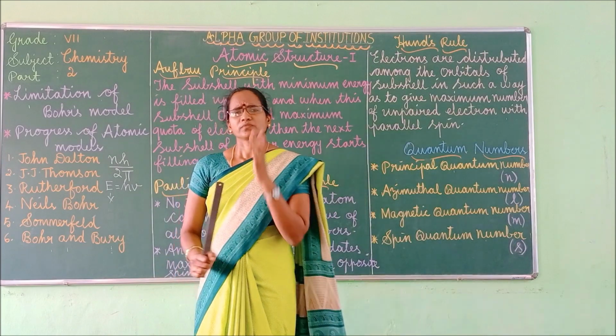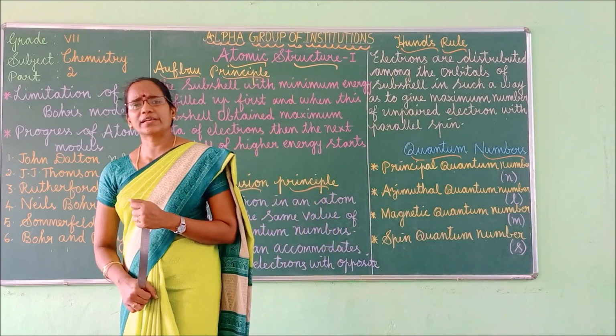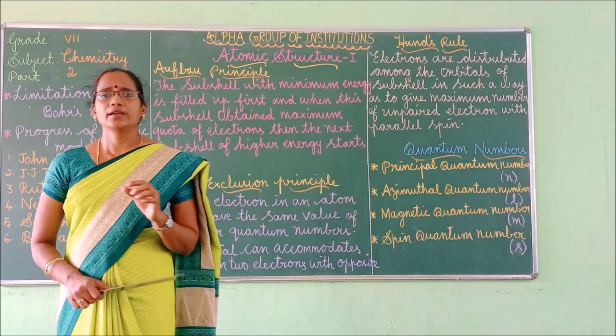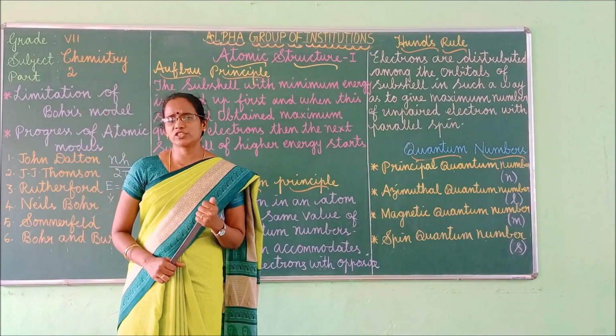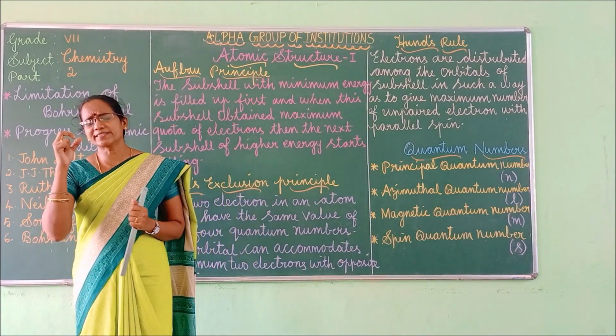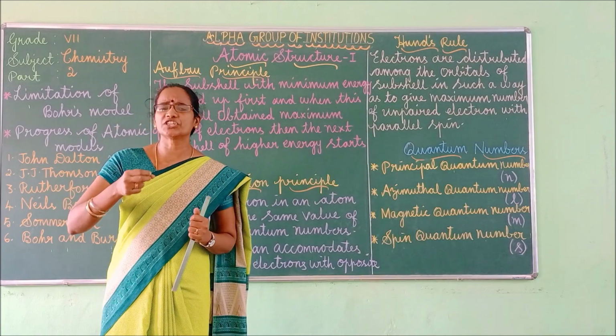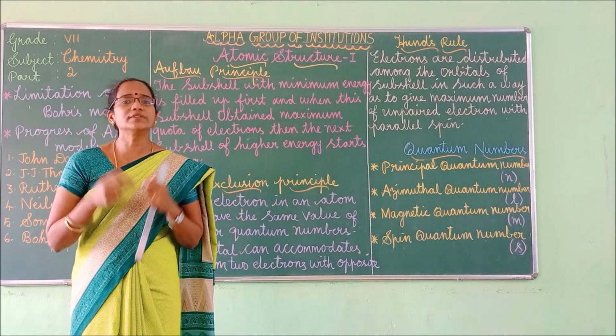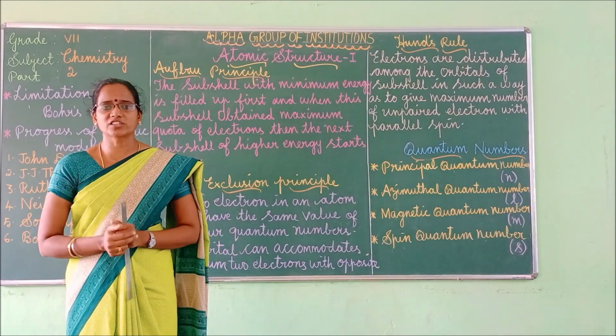Next, quantum numbers were introduced at that time. They are useful for distinguishing the orbitals. Orbital is nothing but a wave function.